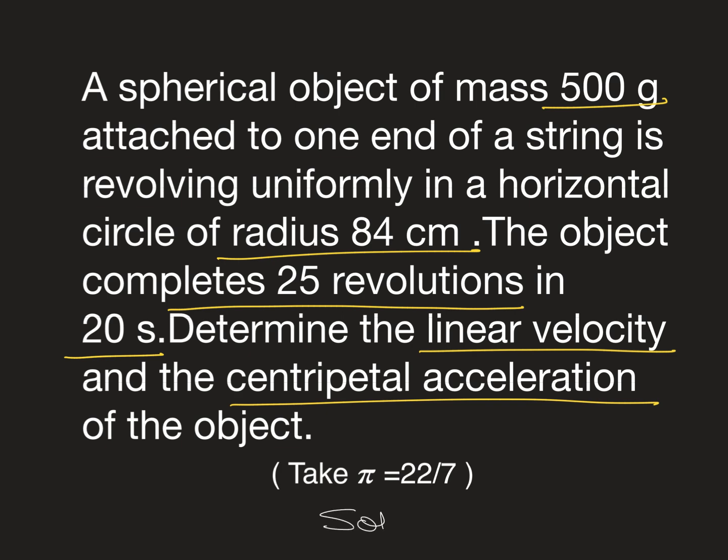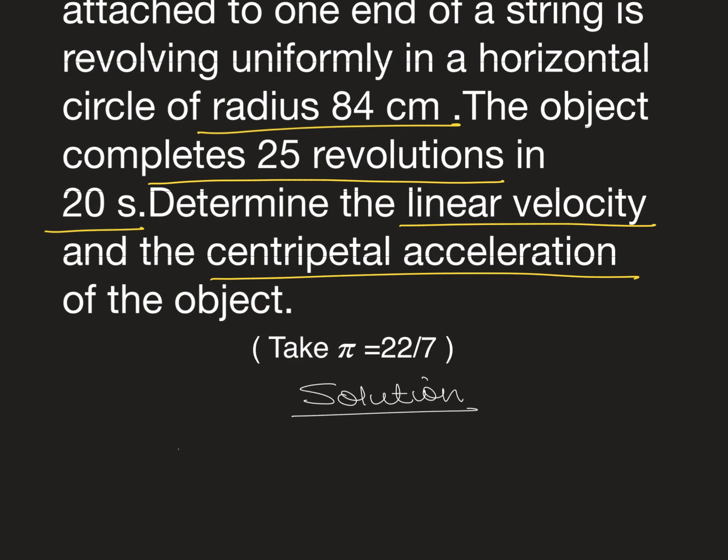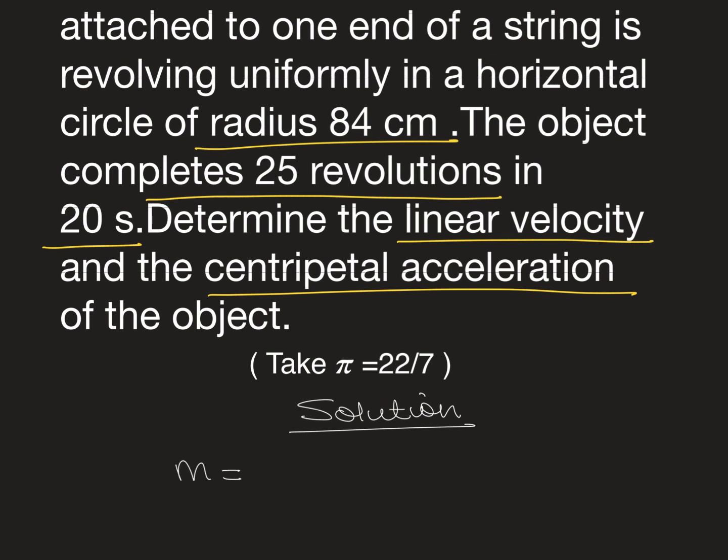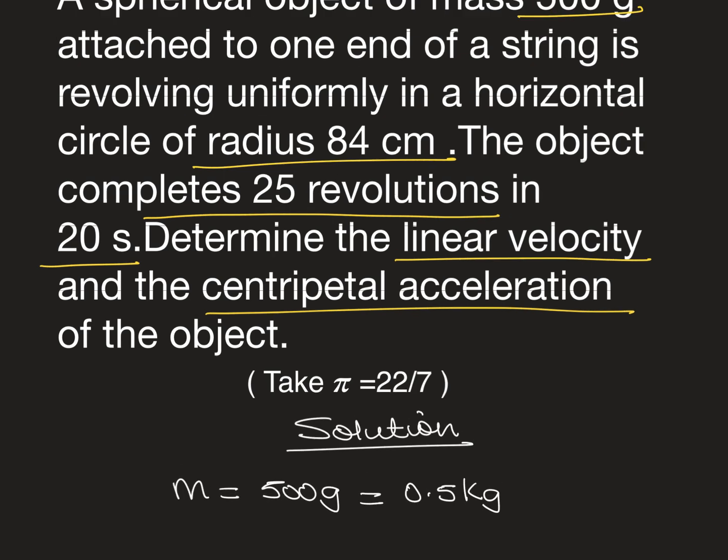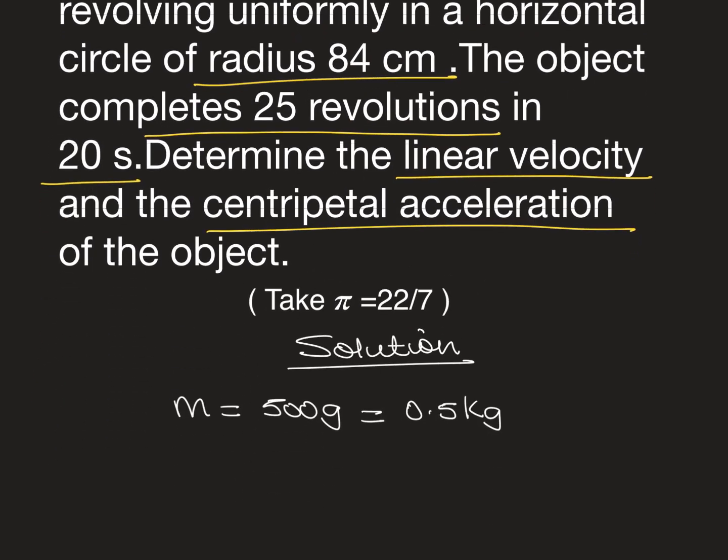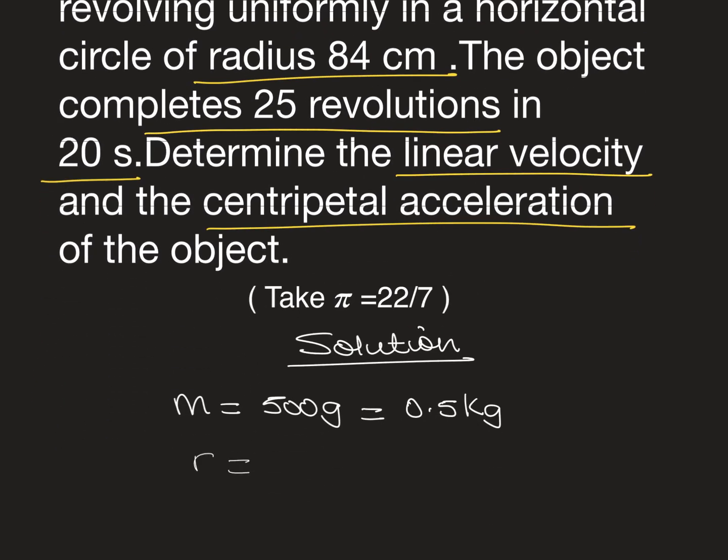Solution. The mass of the object is 500 grams, which is the same as 0.5 kilograms. The radius of the circle is 84 centimeters, which is the same as 0.84 meters.